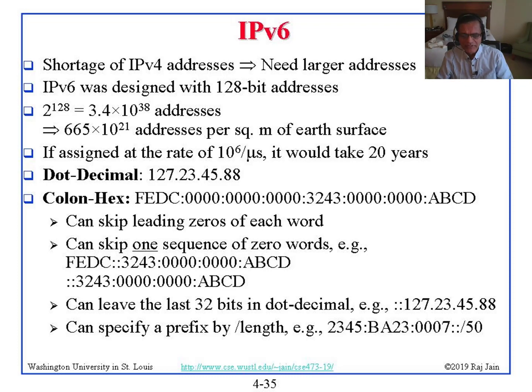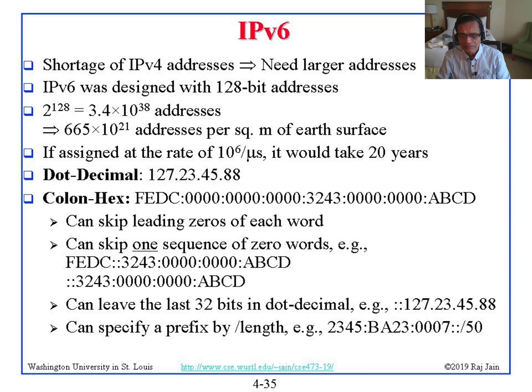Colon is used to separate the words, and they are written in hex, 2 bytes at a time. So FEDC is 4 hex digits, each 4 bits, which is 16 bits. So you have 16-bit colon 16-bit colon 16-bit colon 16-bit, 8 times. And that is how you write the IPv6 address.